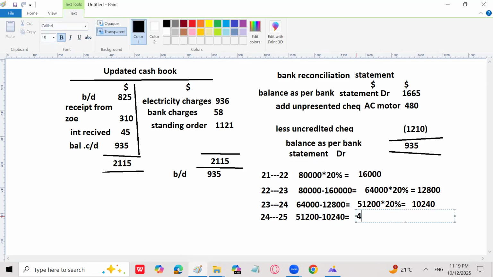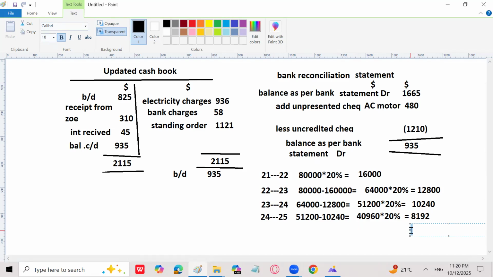So let me write here first 40,960 multiplied by 20%. That is 40,960 into 0.2. And the answer is 8,192. You can go for the total depreciation for 4 years. That is going to be 16,000 plus 12,800 plus 10,240 plus 8,192.